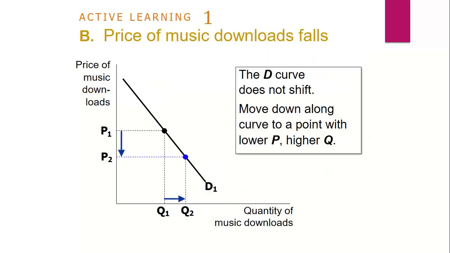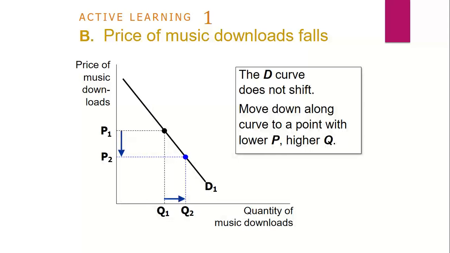Answer of part B, the price of music downloads falls. We have the price of music downloads on the vertical axis and the quantity of music downloads on the horizontal axis again. The demand curve does not shift in this example. It's a movement along the curve to the point with lower price.